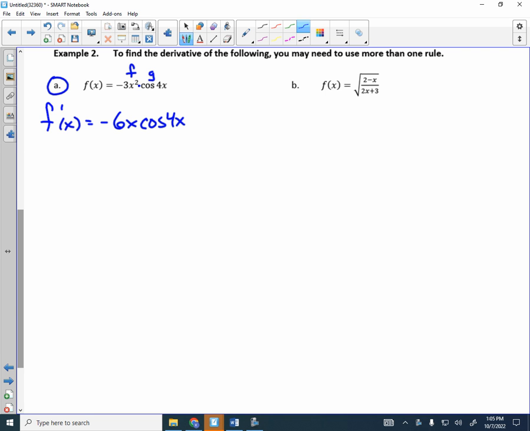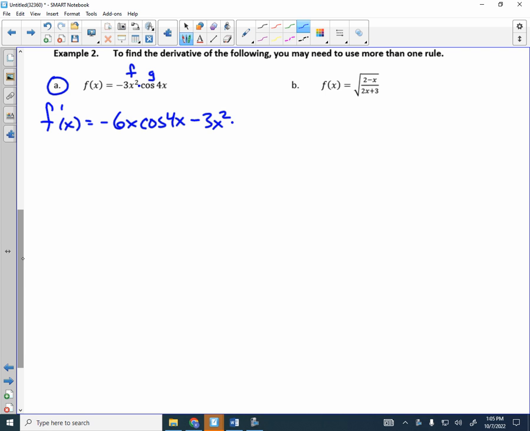Is it going to be a plus or a minus? Okay, plus a negative 3x squared, so I could write minus 3x squared times, now I need the derivative of cosine of 4x. Negative 4 sine of 4x. Nice job. Do you want me to write it out?